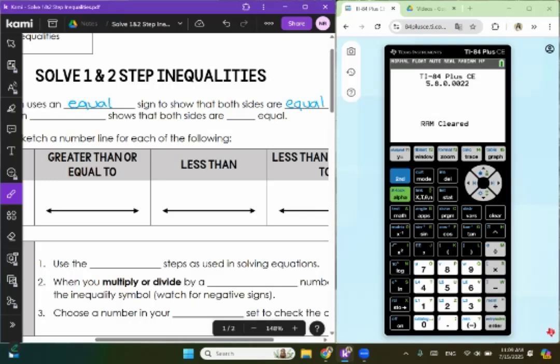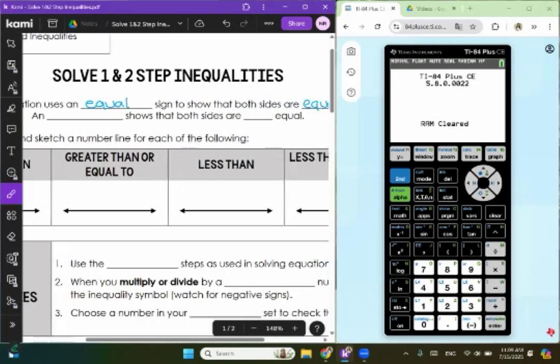Okay. Now, the difference is in an inequality. An inequality shows that both sides are not equal. They are not the same. They are not equal. Okay.